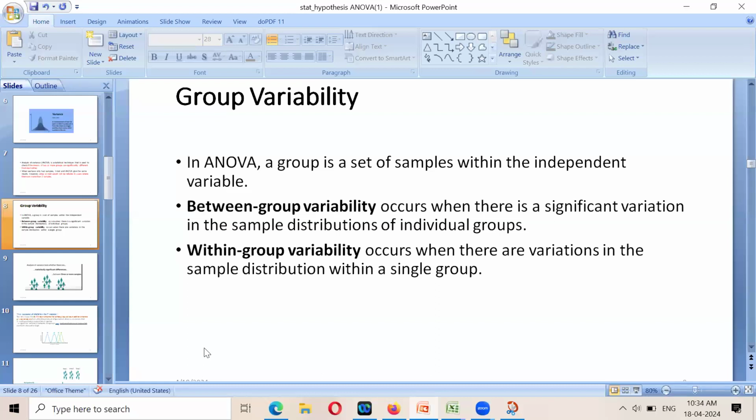So I take only the first group, and I compare the result of each and every student in that group only. That is the within the group variability. These two techniques are considered the most powerful in ANOVA while giving the concluding remark in the ANOVA test. So this is very important: group variability between the group and within the group.